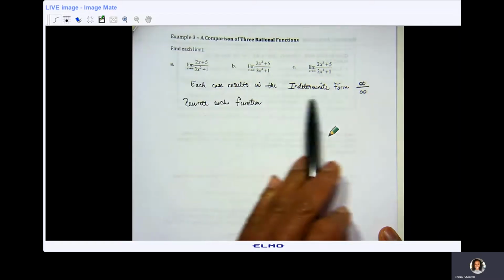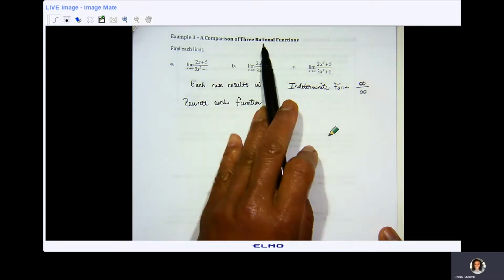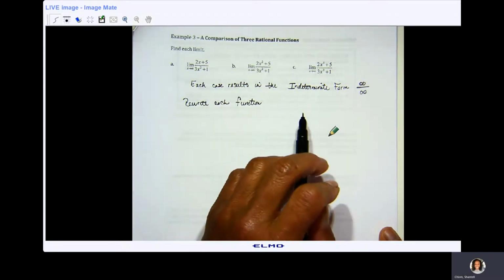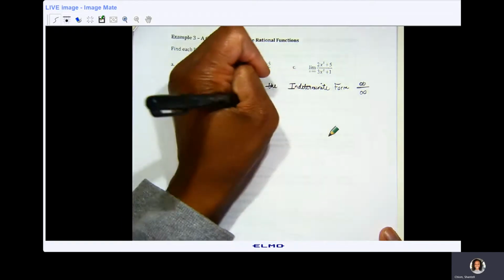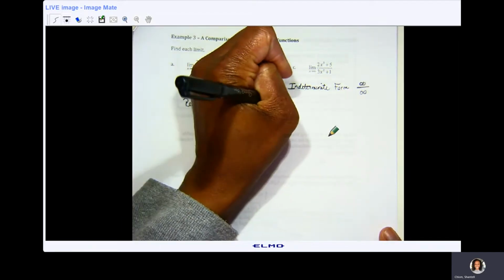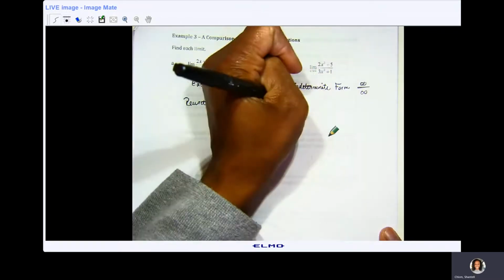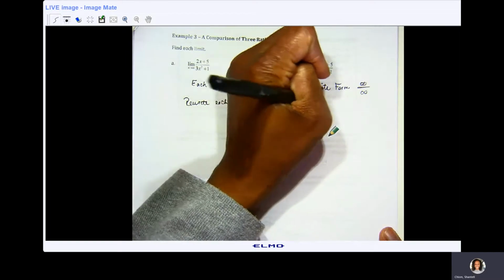And the indeterminate form is only an issue when you have irrational functions, okay? So we're going to rewrite each function by multiplying by 1 over x squared.